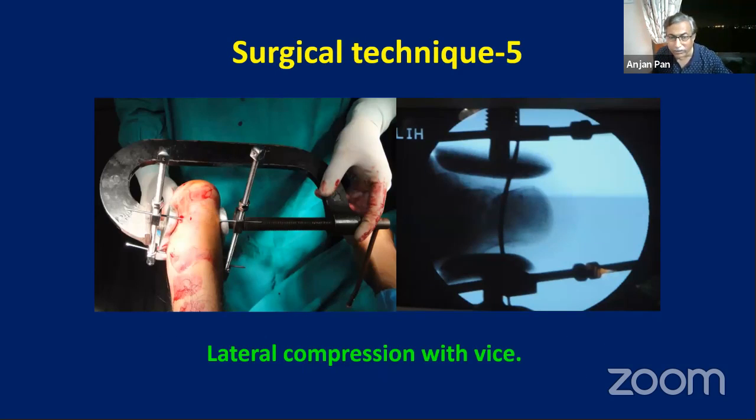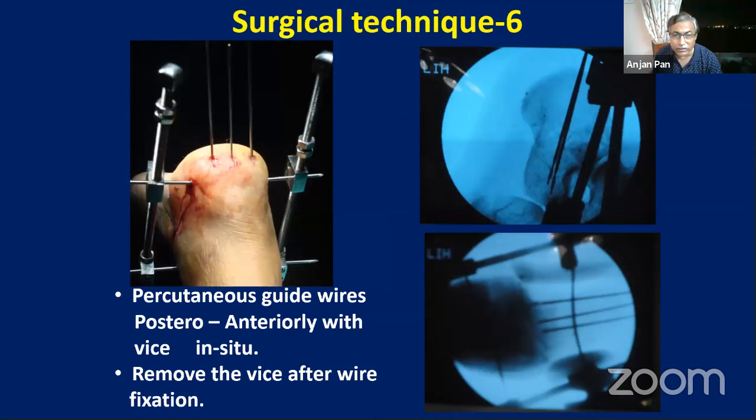And then again put the traction, and then I am using a vise, an innovative type. It has concave and convex sides, so I can use that according to the fracture. And then percutaneous guide wires from posterior to anterior. Then remove the vise and see in the lateral position that it's in the subtalar region.